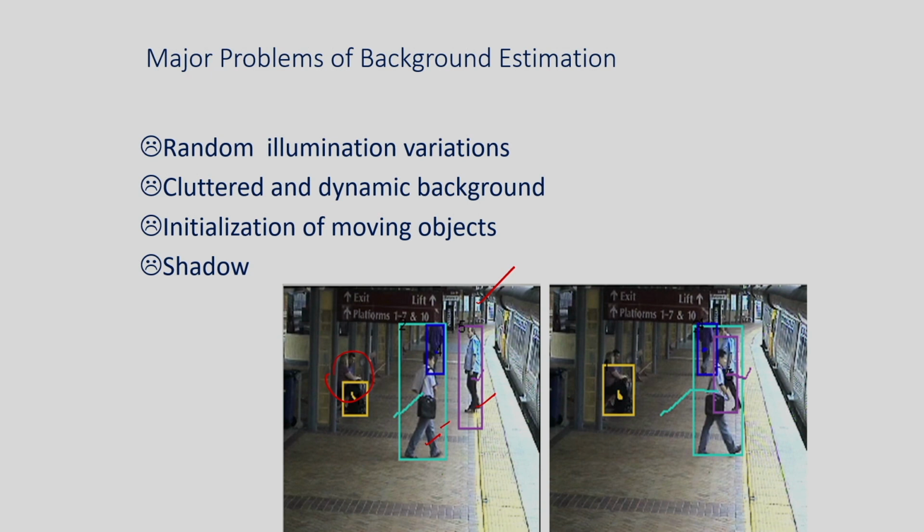And also, as explained earlier, we have to consider the shadow problem. One difficult problem is the removal of the cast shadow, because the shadow is also moving and the person is also moving. So based on the motion information I cannot separate the moving objects and the shadow. So we have to employ some algorithms so that we can remove the cast shadow.